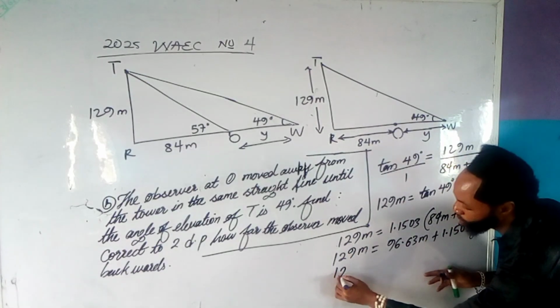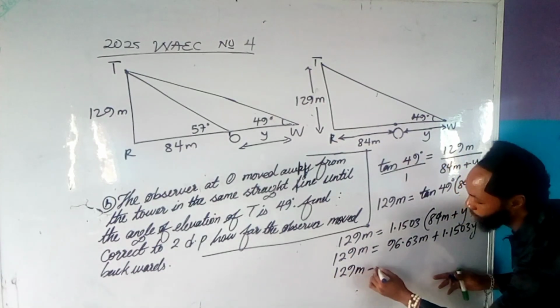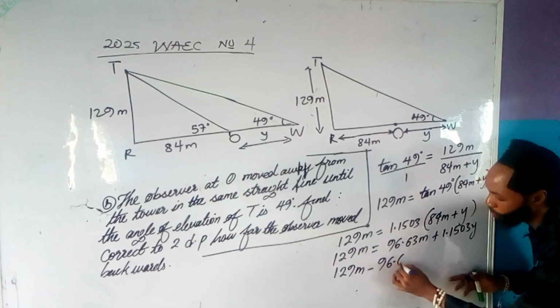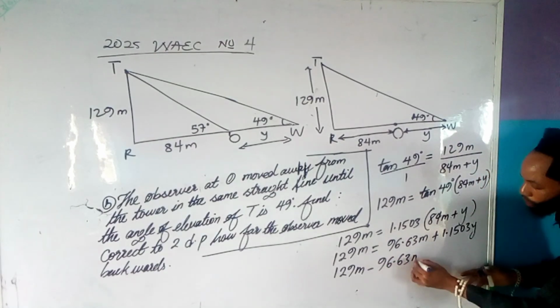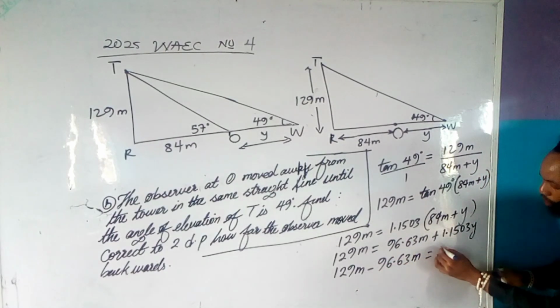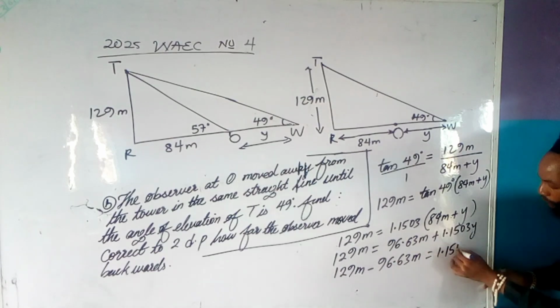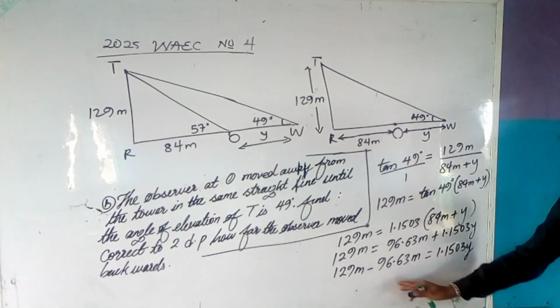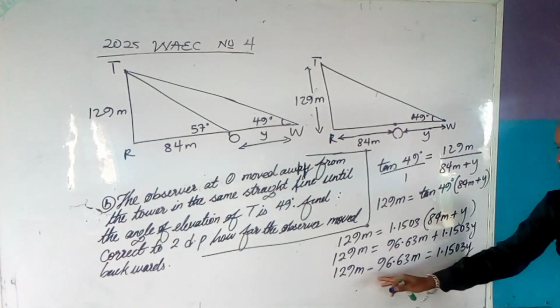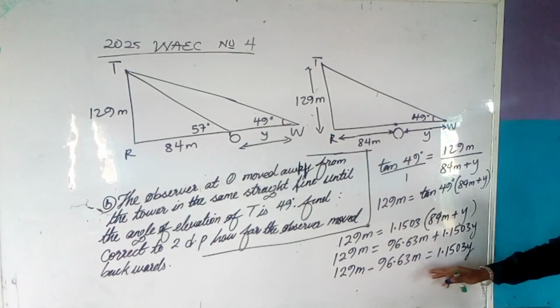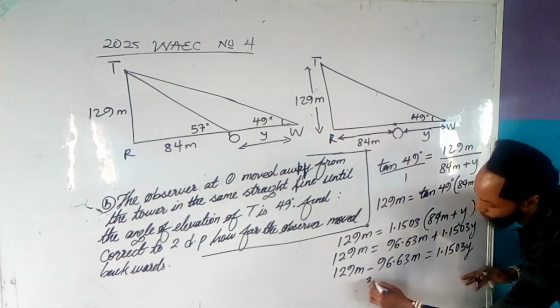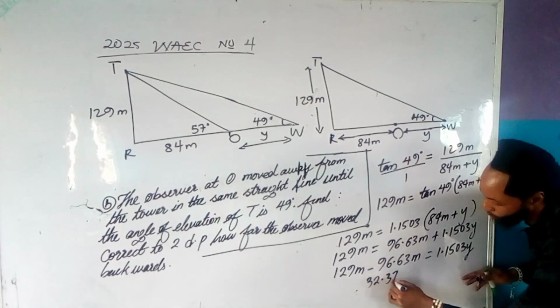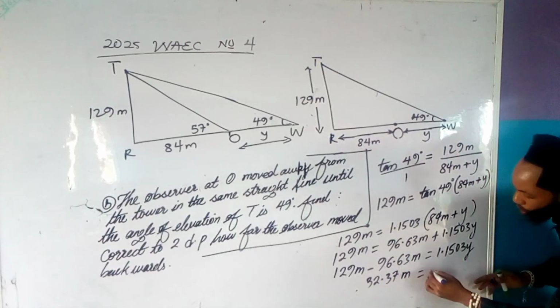So we have 129 meter minus 96.63 meter equals 1.1503 y. Subtracting this, what do we have? 129 meter minus 96.63 meter, we have 32.37 meter.